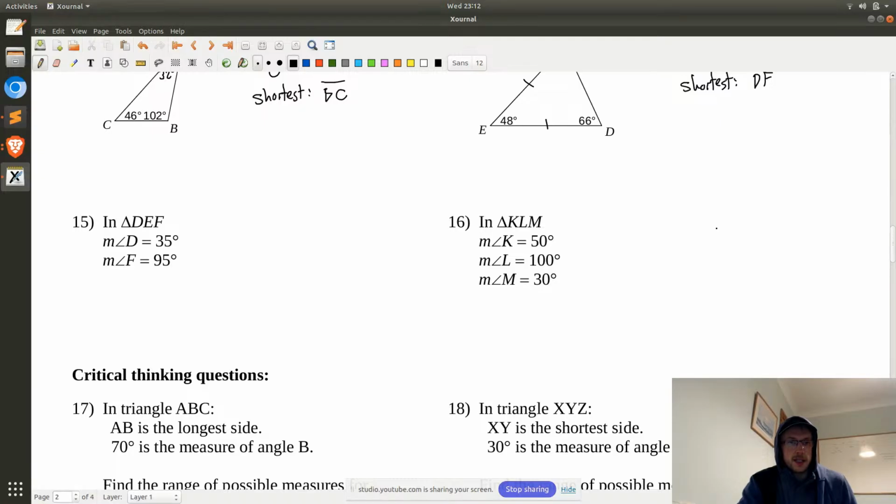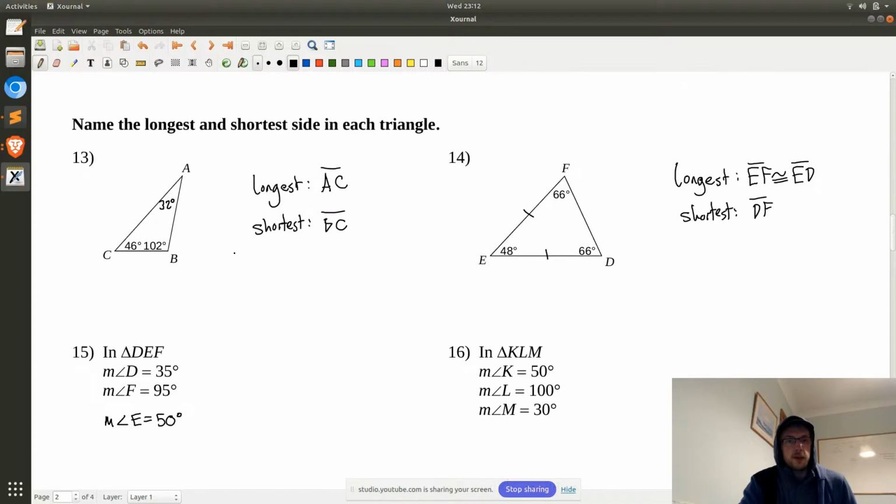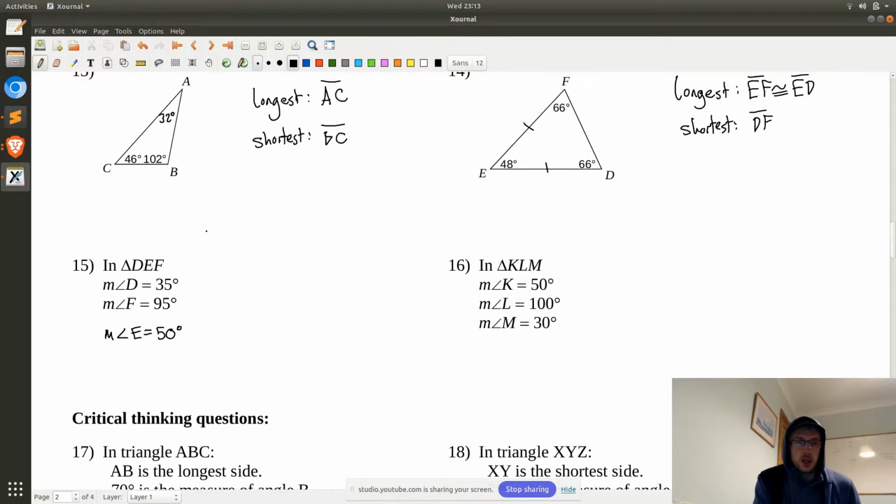In triangle DEF, the measure of angle D is 35 degrees, the measure of angle F is 95 degrees, and therefore the measure of angle E is 50 degrees. And they are asking us to name the longest and shortest sides in this triangle.